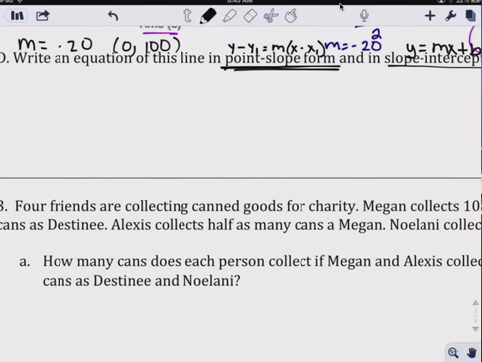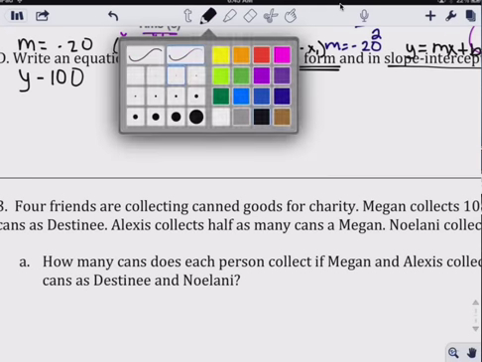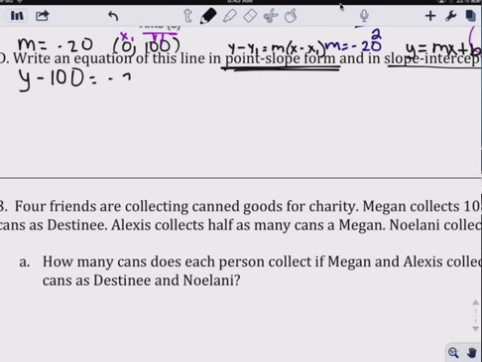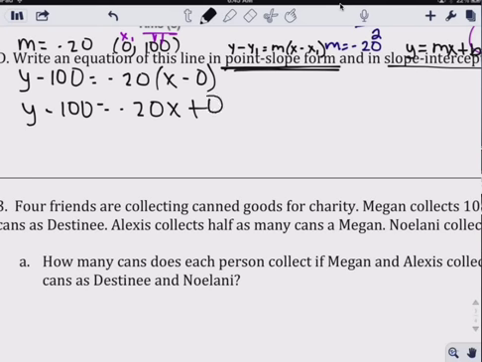I'm just going to go y minus y1, which is 100. Okay, so I'm going to put x1, y1, so I can see better, to prevent careless mistakes. Equals -20, parentheses, x minus 0. Y minus 100 equals -20x plus 0. Okay, add 100. Add 100.